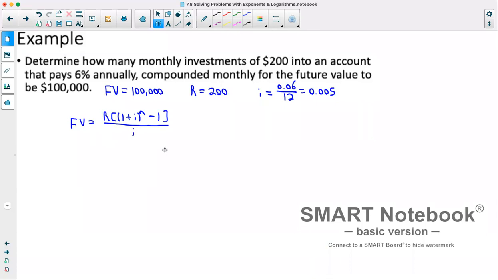So we'll start by filling in our information. We've got 100,000 equals 200 times 1 plus 0.005 to the power of n minus 1 over 0.005.